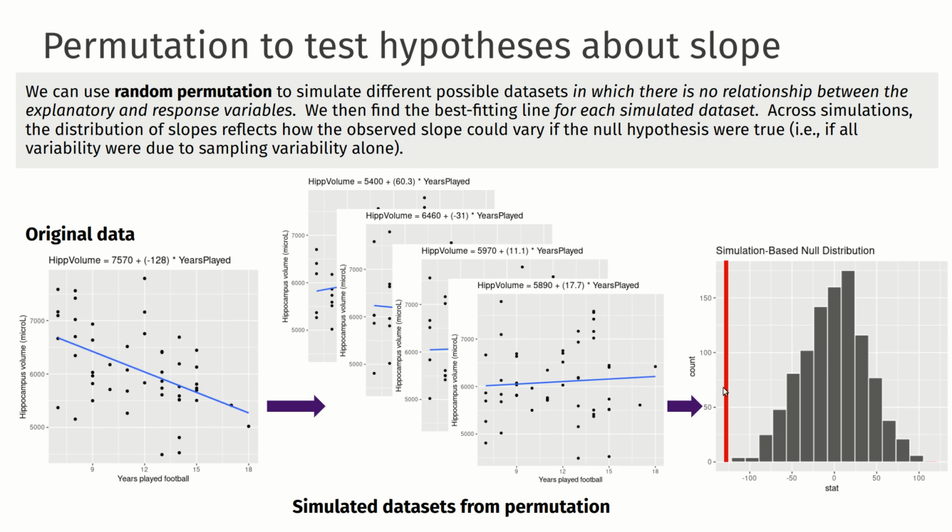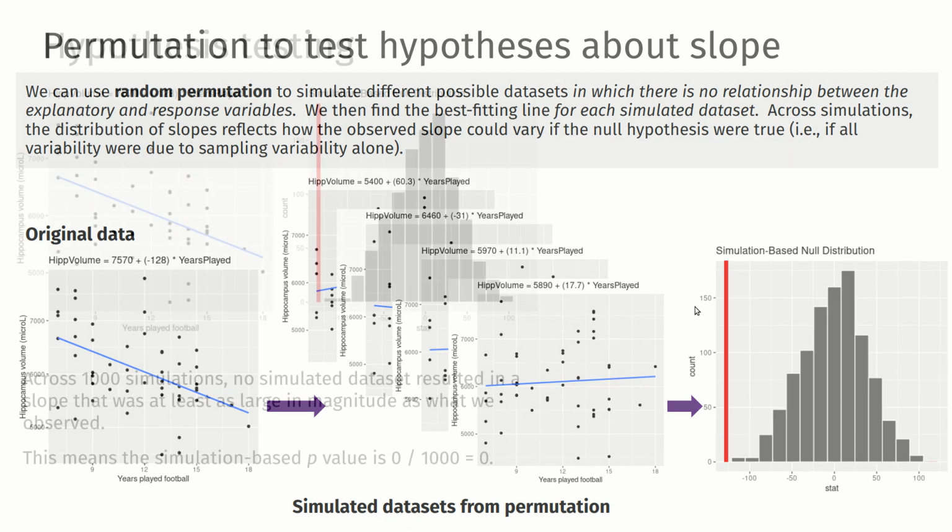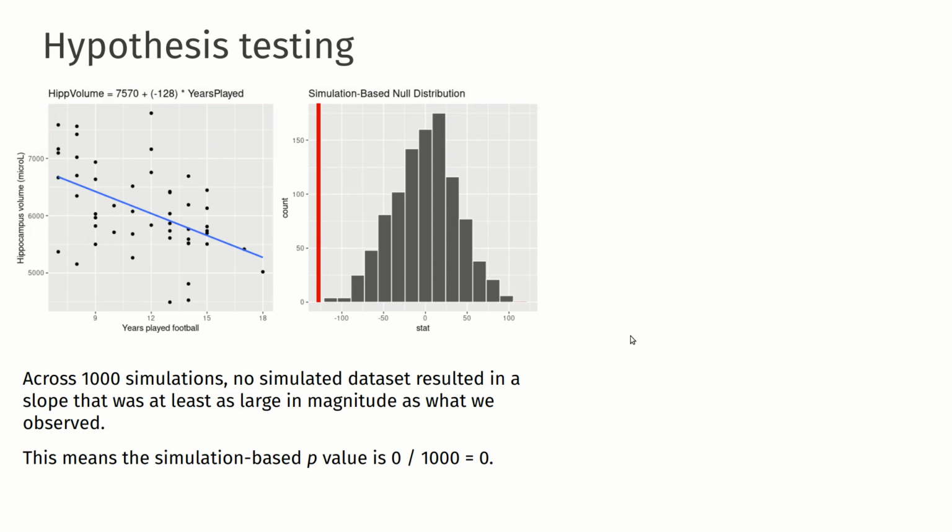And this big red line here is the slope that we actually saw in our observed data. So across 1,000 random permutations of our data, none of those simulated data sets resulted in a slope that was at least as large in magnitude as what we observed. So the simulation-based p-value is 0 out of 1,000, so 0.